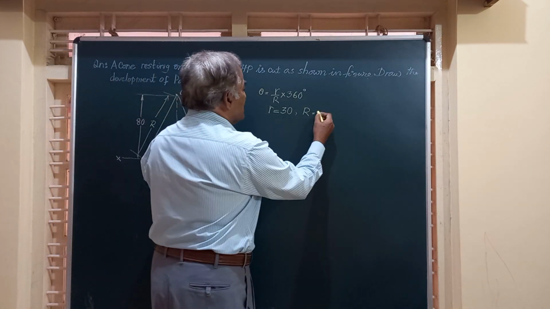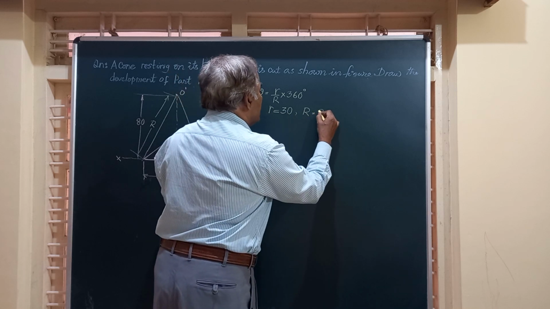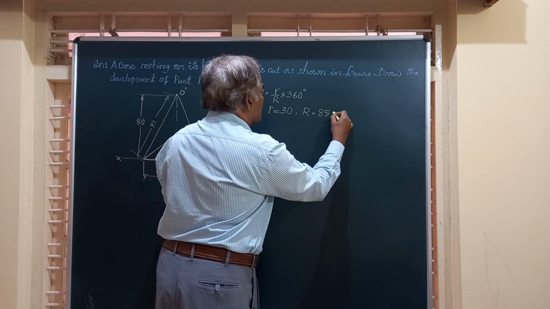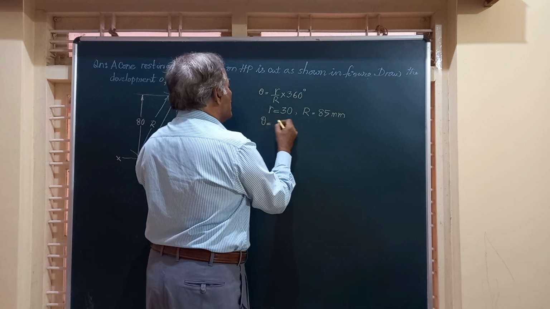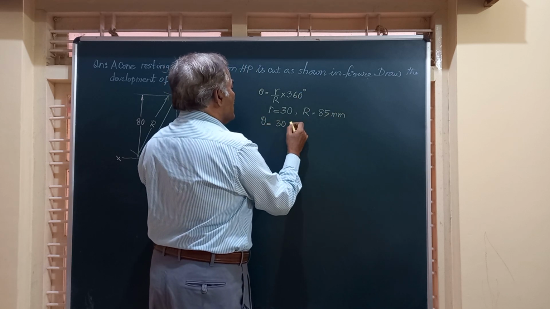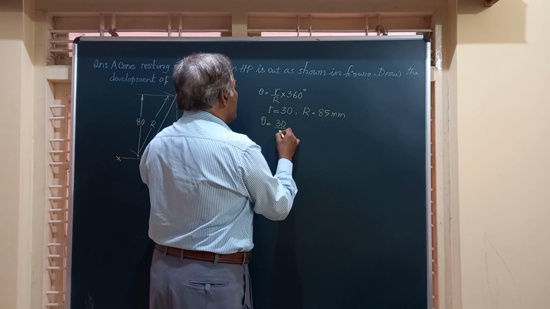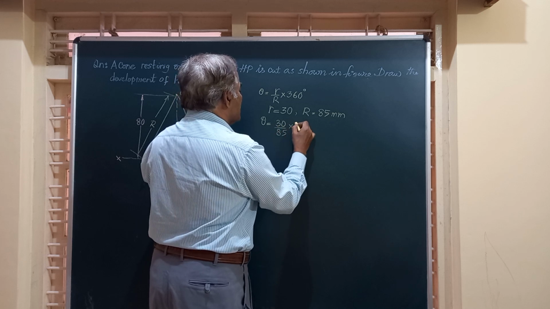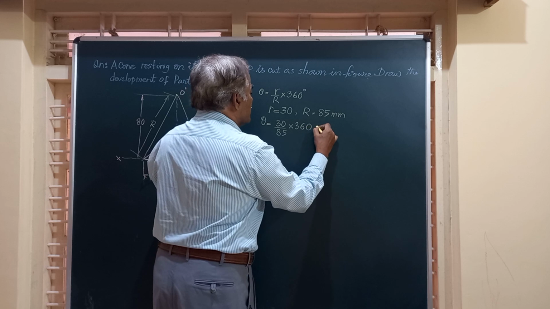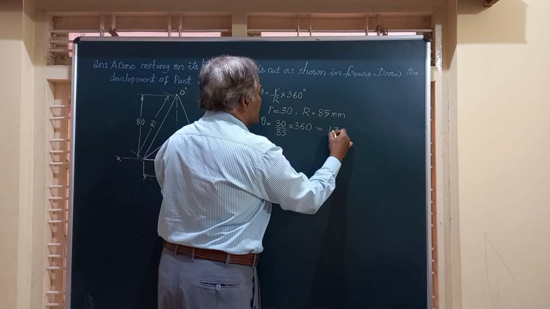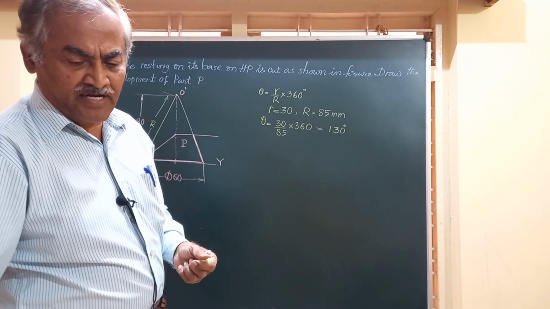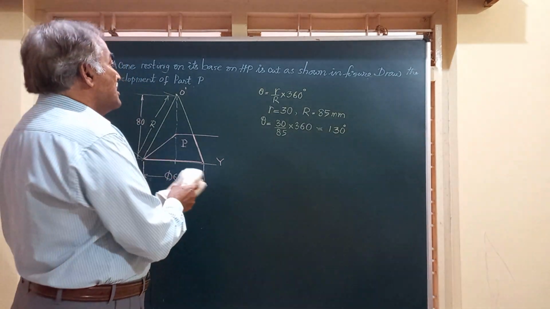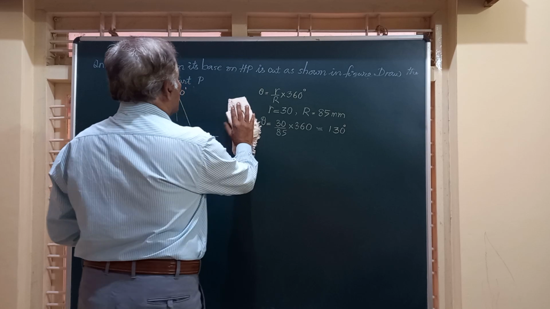It works out to 85 millimeters. So theta is equal to 30 divided by 85 multiplied by 360. It comes to around 130 degrees.